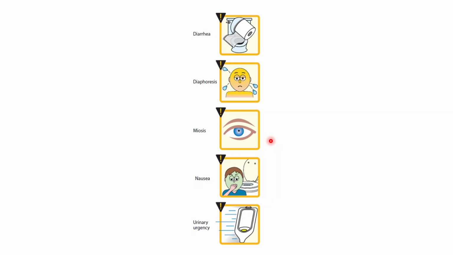Also, miosis is a diagnostic factor, and the abdominal pain can also be reported, as well as flushing. Flushing is the red face actually.